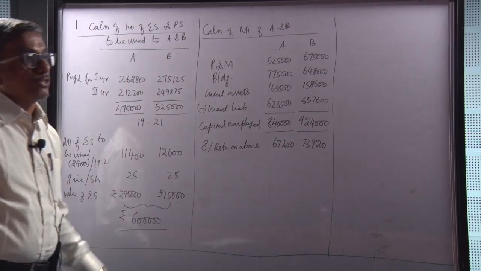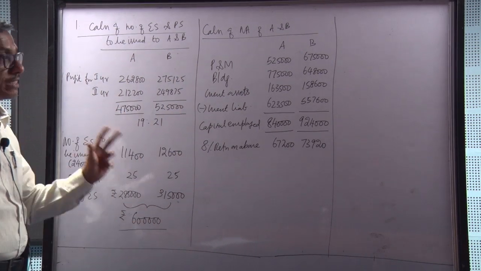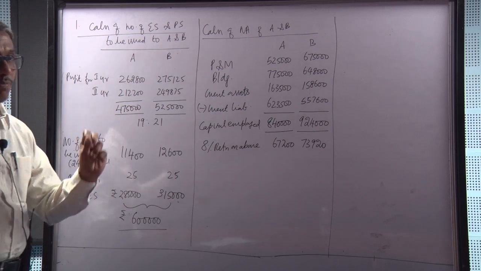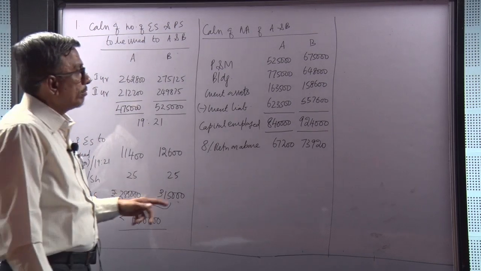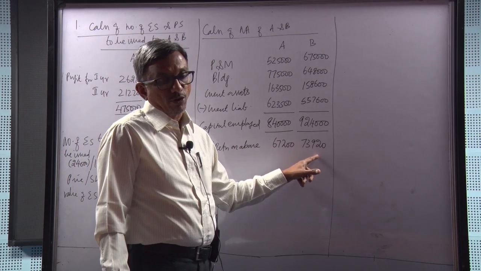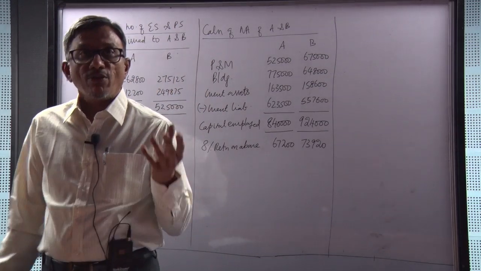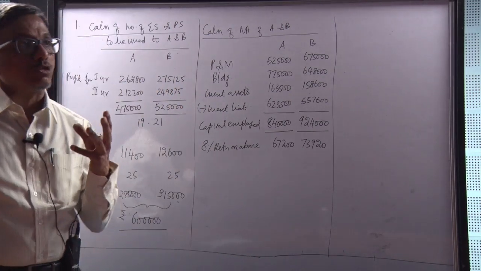The problem tells you they are ready to issue preference share at the rate of 12% dividend such that the 12% dividend will be equal to 67,200 for A, 73,920 for B. So if the rate of dividend is going to be 12%, for what value the preference shares to be issued?